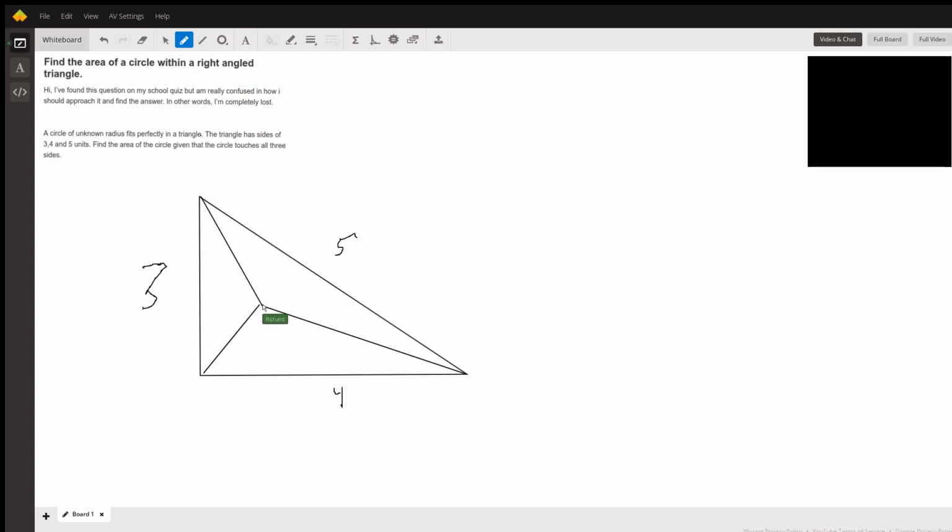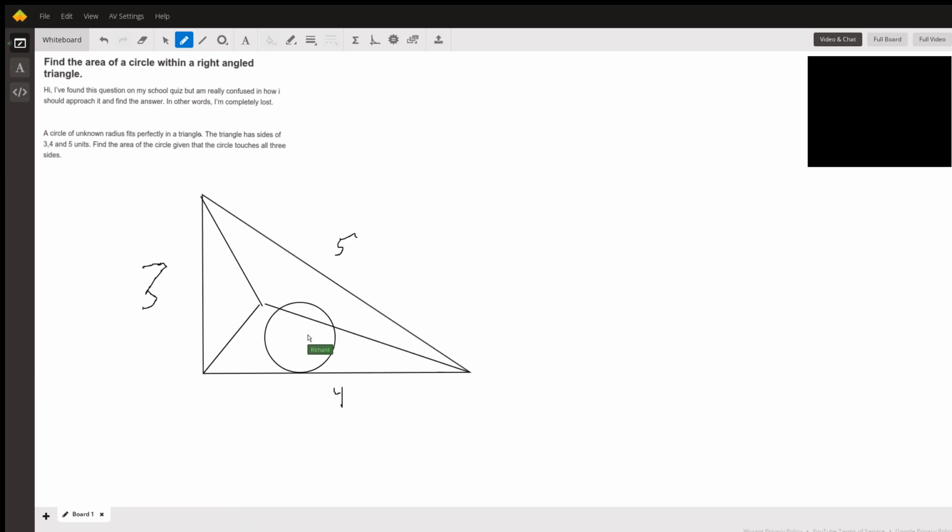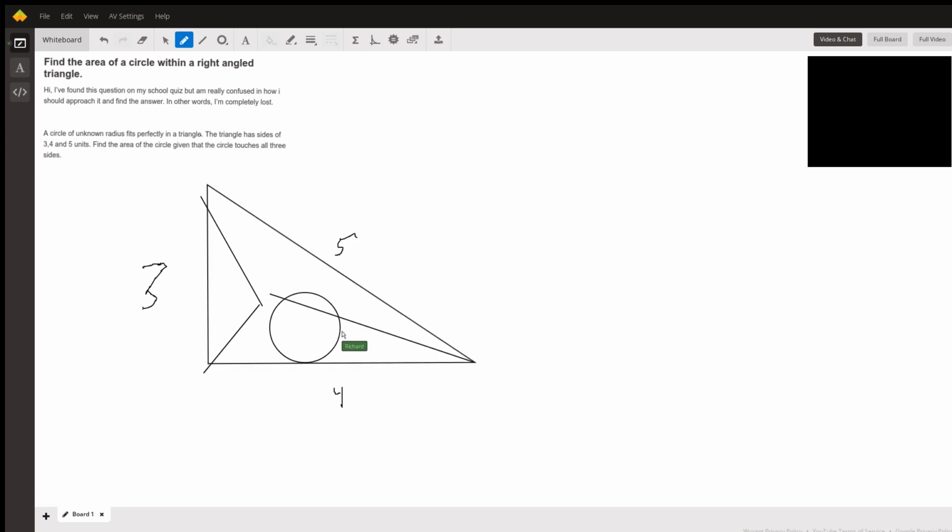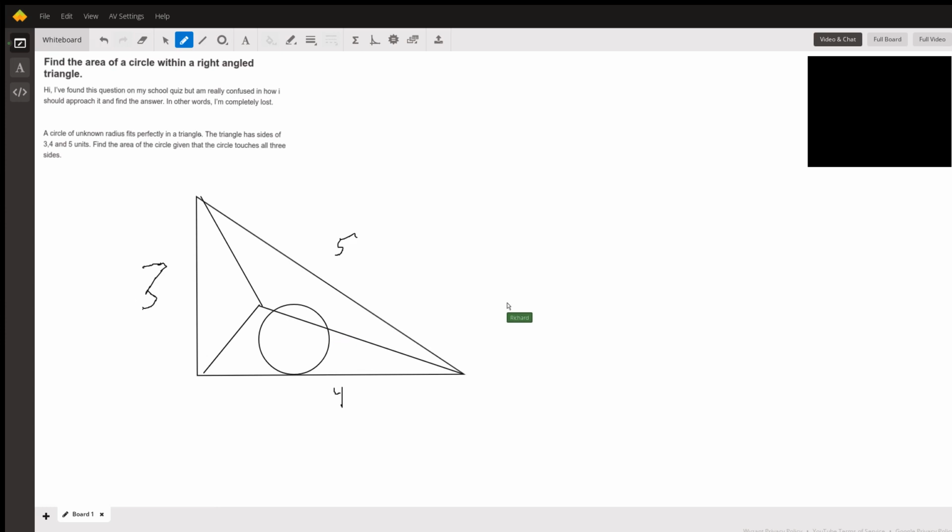So here's the center of my circle, and now I'll just try to make it. That's not so great, but let's see if I can move it. I'm able to move the whole thing, but I'm not able to move that circle. And when I do move it, I'm moving the triangle.